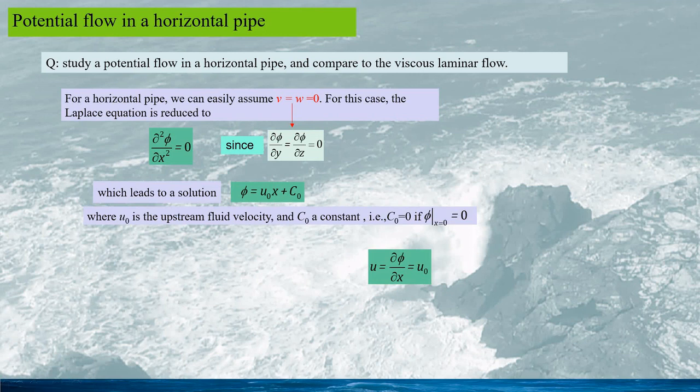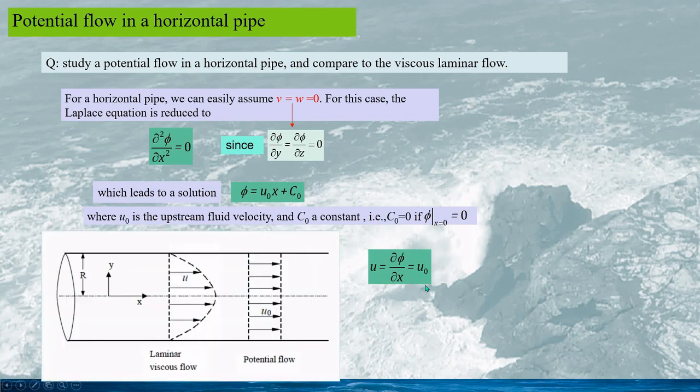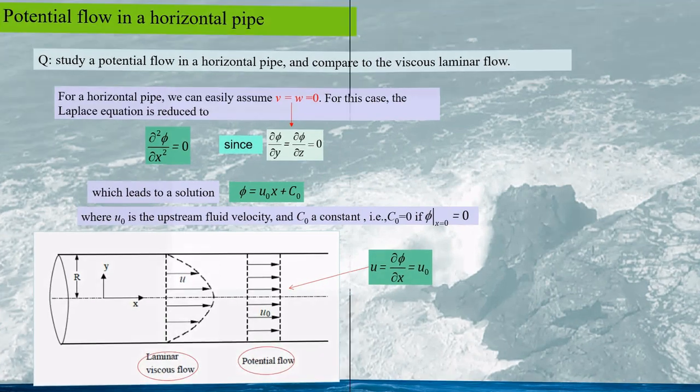So the velocity component u can be calculated as this. Plot the irrotational flow profile and compare to that of viscous flow. We can see the irrotational flow is uniform flow in the pipe, while the normal viscous flow is parabolic.